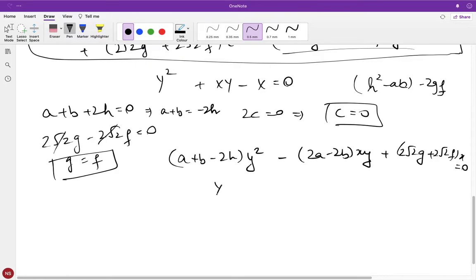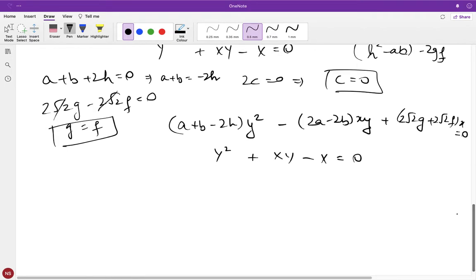Now let us compare. These two equations are equivalent, so the ratios of their coefficients are also equal.